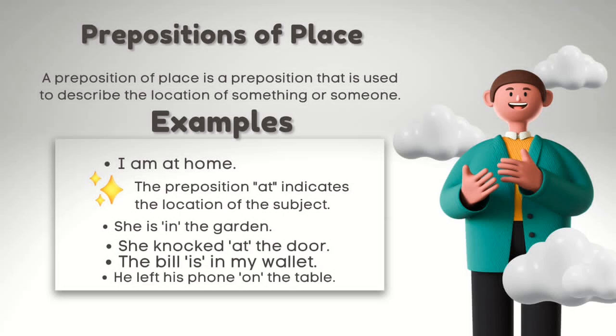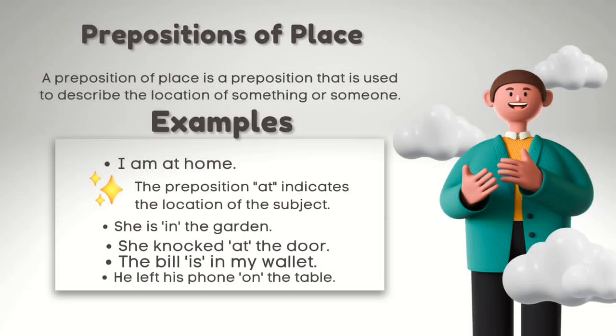She is in the garden. So she's not outside the garden, not beside the garden, but in the garden. She knocked at the door. The preposition at is a preposition of place.